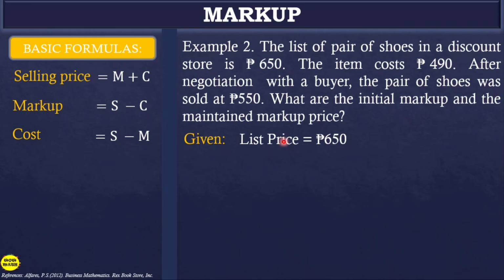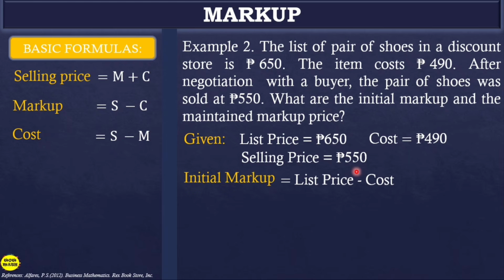So the given, the list price is 650 pesos and the cost is 490 pesos. Ito yung new selling price, that is 550 pesos. The initial markup is list price minus the total cost, which is 650 minus 490. So the initial markup is 160 pesos.